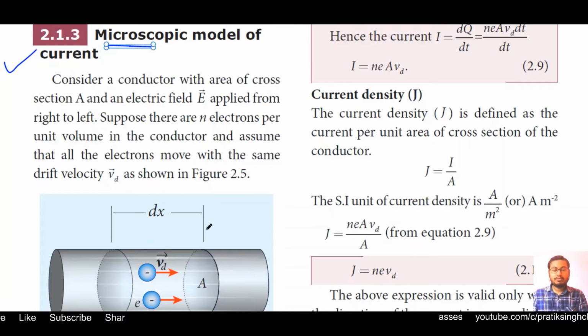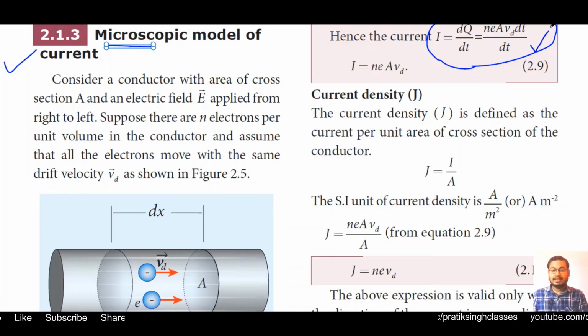Before I start today's tutorial, let me tell you something: from now onwards in physics you will have a lot of equations and a lot of their short forms. Suppose equation 2.9 says I is equal to dq by dt is equal to n into e into A into vd dt by dt.